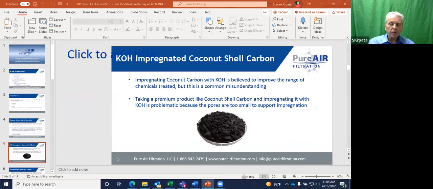A standard method for broadening the reach of medias is to impregnate them with select chemicals to create a nullifying effect for the target chemicals. In the case of carbon media in pulp and paper mills, they have traditionally been impregnated with potassium hydroxide to help broaden their effectiveness.